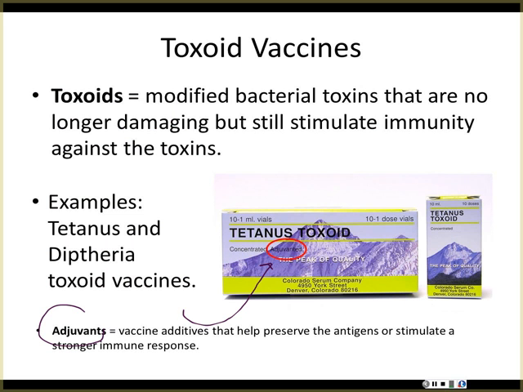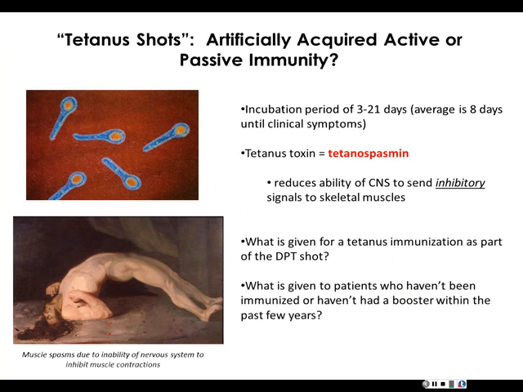It leads to a better response. That's why you can get injected and you get a real sore spot. A lot of times that is due to some of these additives they've put in. That's another thing the anti-vaccination crowd gets upset over, these additional additives that are in there. But they're in there to help make the vaccine work better and hopefully lead to a stronger response.